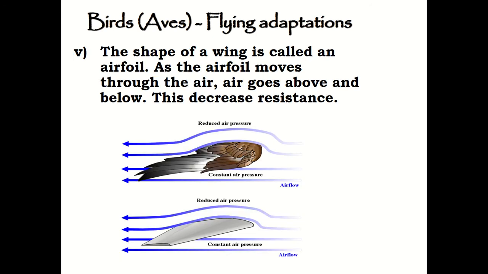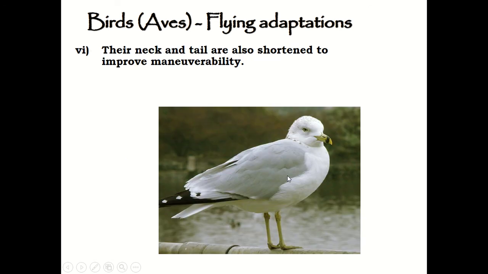And also the shape of the wing is called the airfoil. As the airfoil moves through the air, as you can see here, the air goes below, and this decreases the resistance. The neck and the tail of the bird are usually shortened to improve maneuverability.